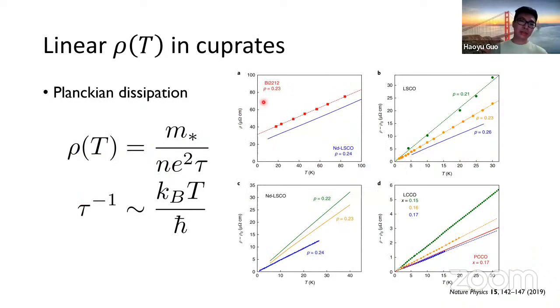So the strange thing about strange metal is that if you measure its resistivity, it's actually linear in the temperature, and here are some experimental data from cuprates.